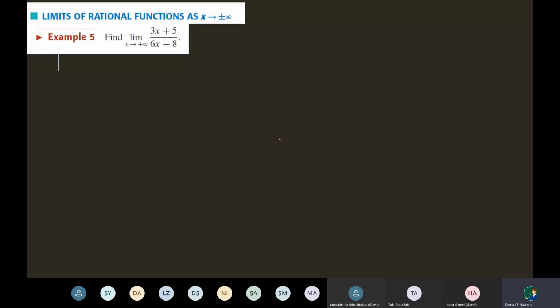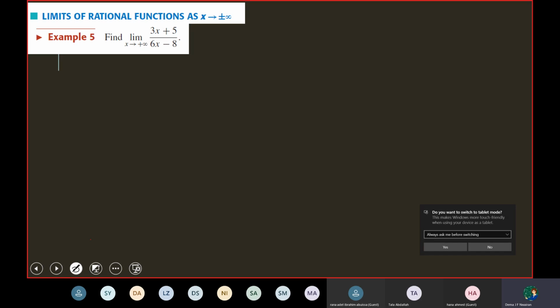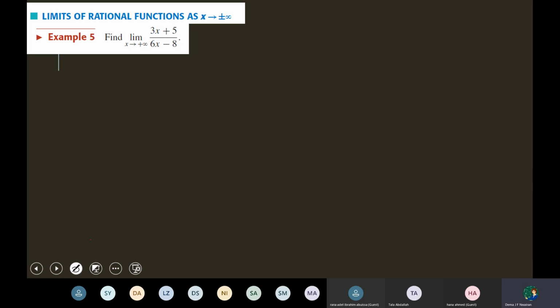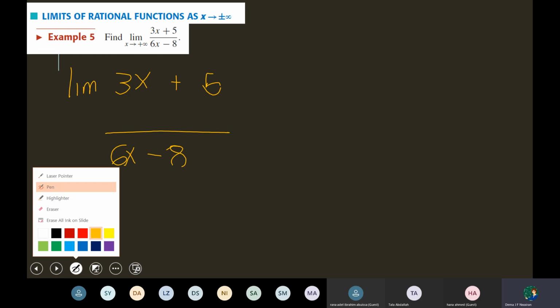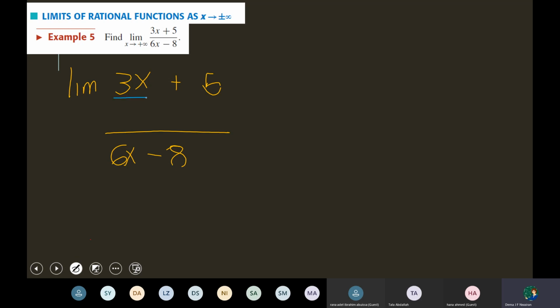For this limit, as an example, the limit of 3x plus 5 over 6x minus 8 when x approaches infinity. We said, what is the highest power here? It is x. So I will divide each term by x.